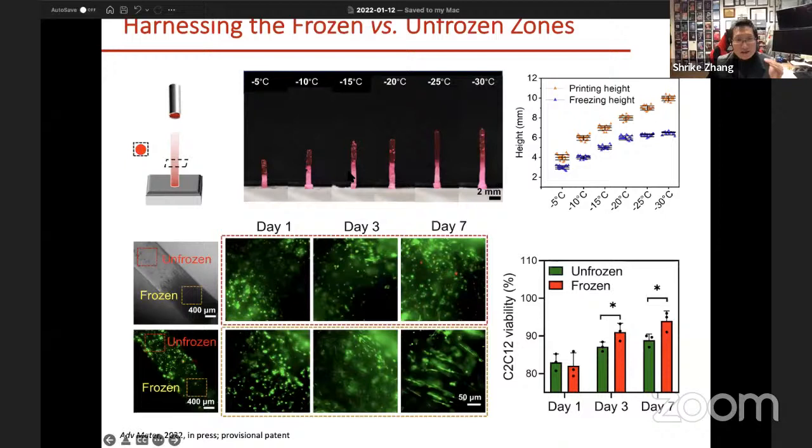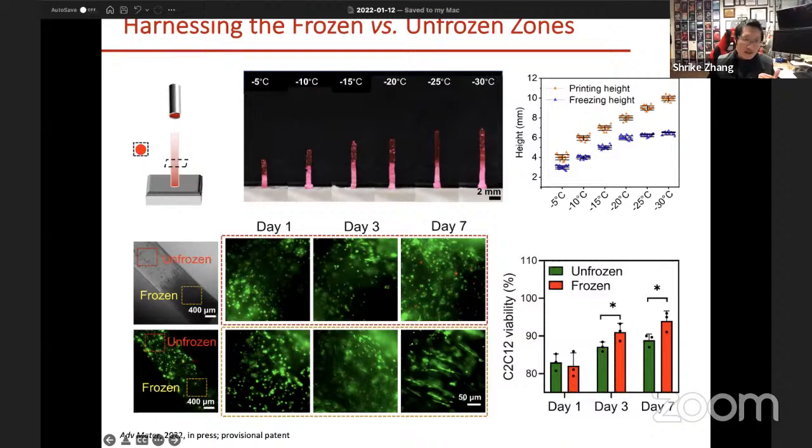So why is that important, right? So you can actually use multi-material printing to allow, for example, deposition of the skeletal muscle cells in this frozen region. But then after, when it becomes a non-frozen region, you can have, for example, tendon fibroblasts printed in the non-frozen section. So now you can create a muscle tendon junction with the muscle cells aligned in the bottom section and the less aligned tendon fibroblasts within the top section, right? So indeed, as we show here, having different cells in different sections.